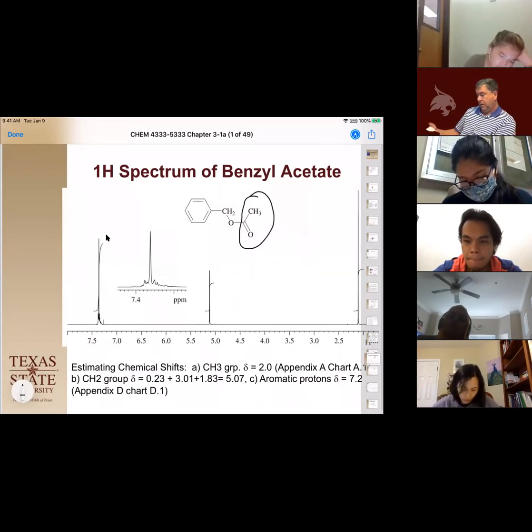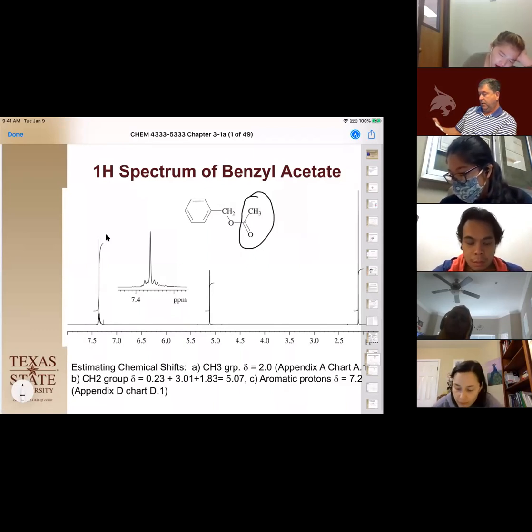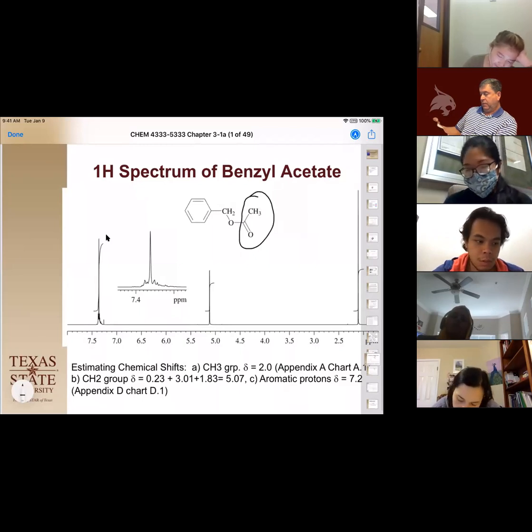You don't see it. Where is it? It's on one of these tables. Methyl proton. Where is it? I can't see it. The appendix A chart 1.